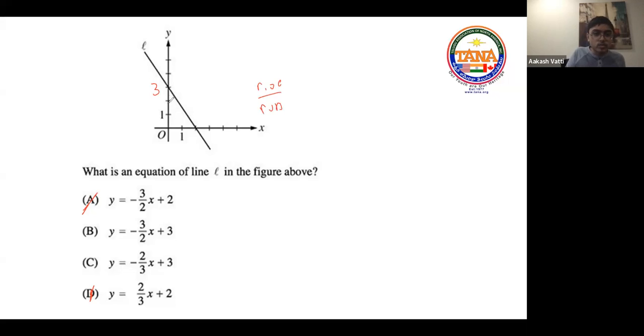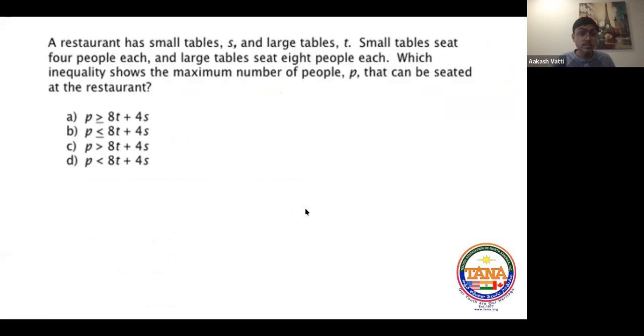If you go down 3, 1, 2, 3, and you go over 2, therefore it's -3/2 since the slope is going down. The answer is B. Any questions? No? All right. I think that's the next question. I'll give you a minute to do this one as well.